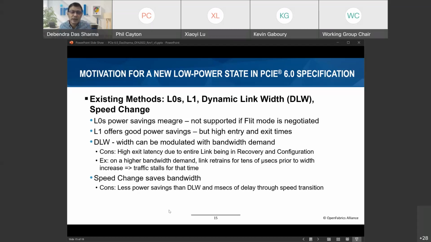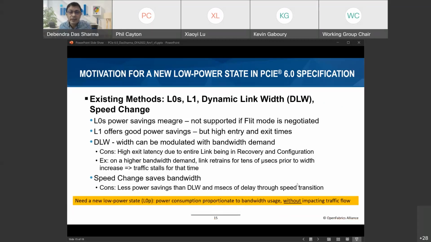So that's the reason why we introduced this notion of L0p, where your link is never really out of commission. Some lanes are always active, always transferring payload, right? The other lanes can be getting in and out of sleep state, and that's fine, because then the link is not really stalled, right? That's basically the whole purpose of L0p.